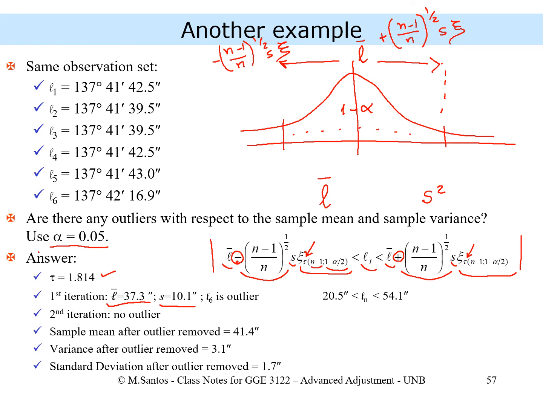When we apply the test, we are going to see that L6 is an outlier. L6 is 42.16, so L6 will be around here somewhere. All the other observations, L1, L2, L3, L4, L5, will all fall here.